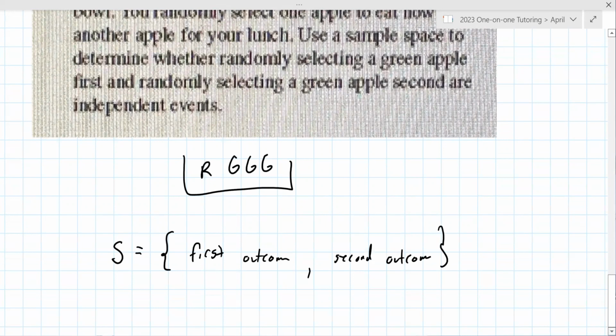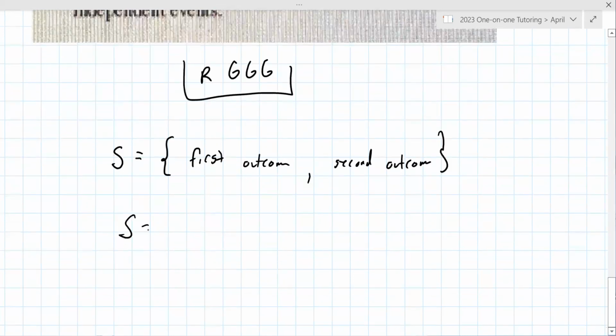What I mean by that is you could choose the red apple and then this first green apple, I'll call it green 1. You could choose the red apple and then green 2. You could choose the red apple and then green 3. Sorry, these are merged together, there's not a comma here.